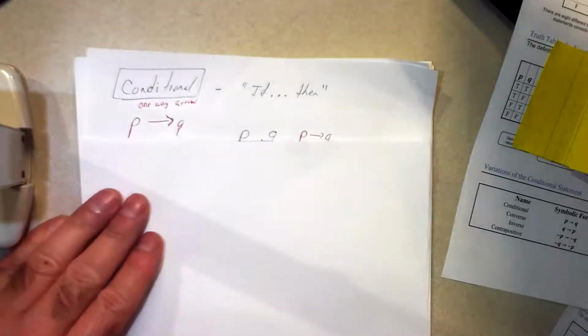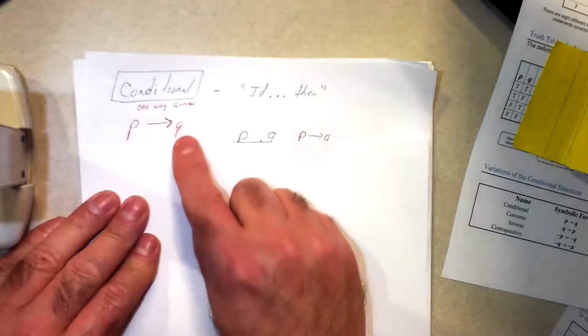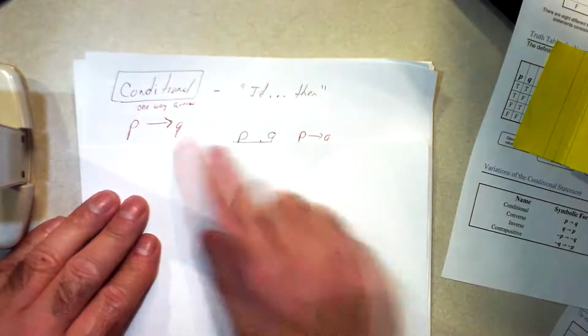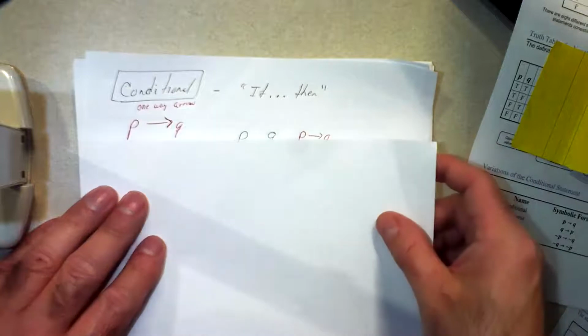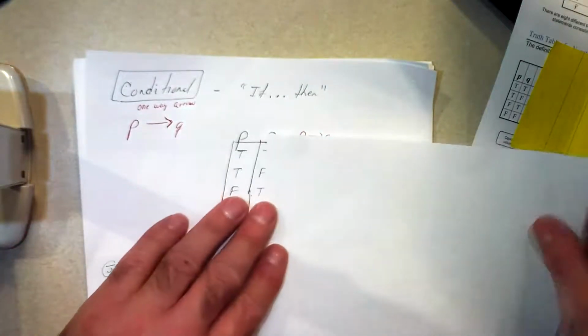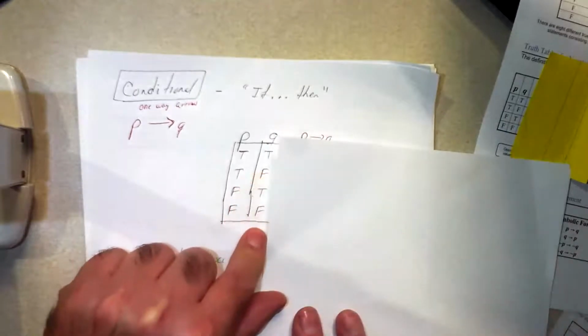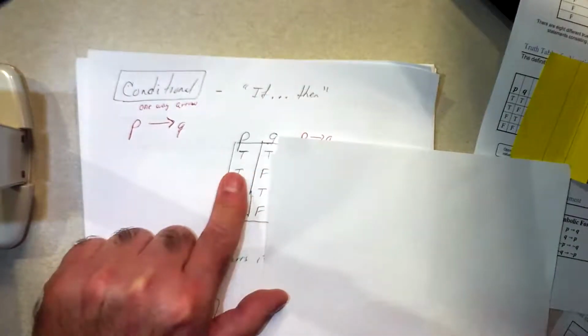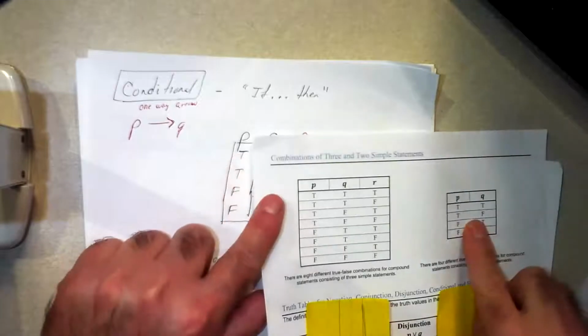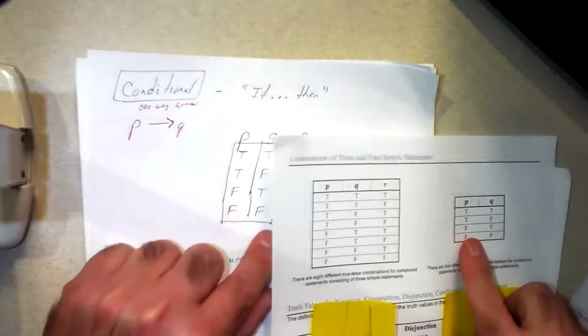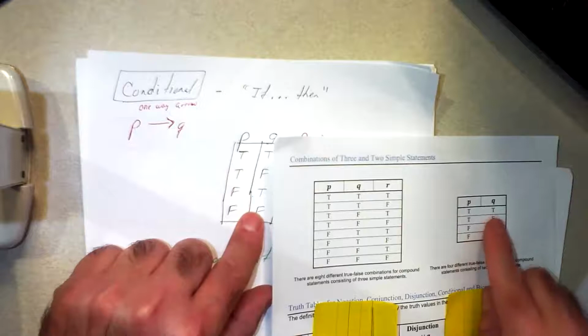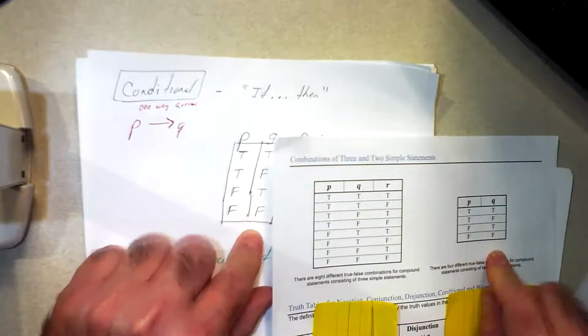Again, this one's going to have two variables, P arrow Q. All right, so how do we start off our truth tables? We always start with TT, FF, TF, TF. Okay. There it is. TT, TF, TT, FF, TF, TF. That's what you start off with.